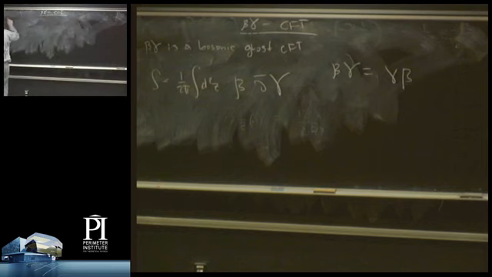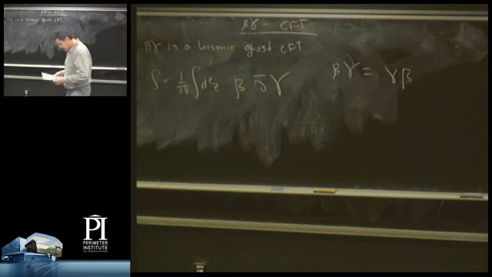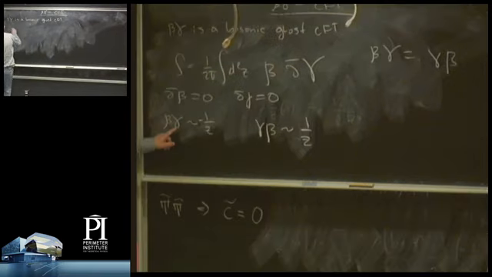So the beta gamma system is a bosonic ghost CFT, right? It works opposite, which is something you expect, and the action is actually very similar.